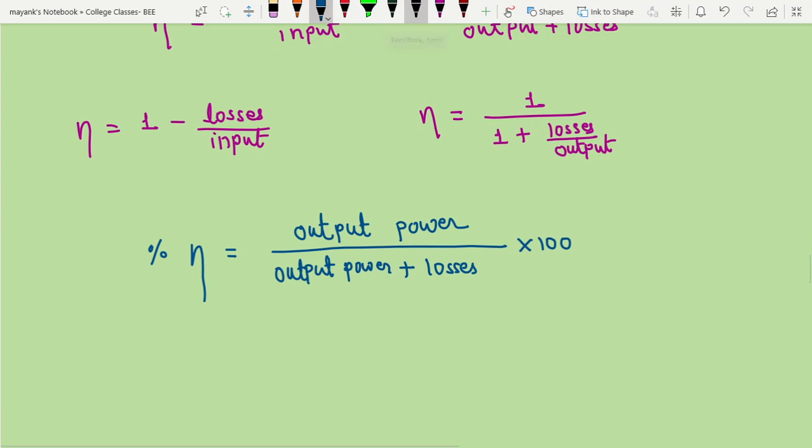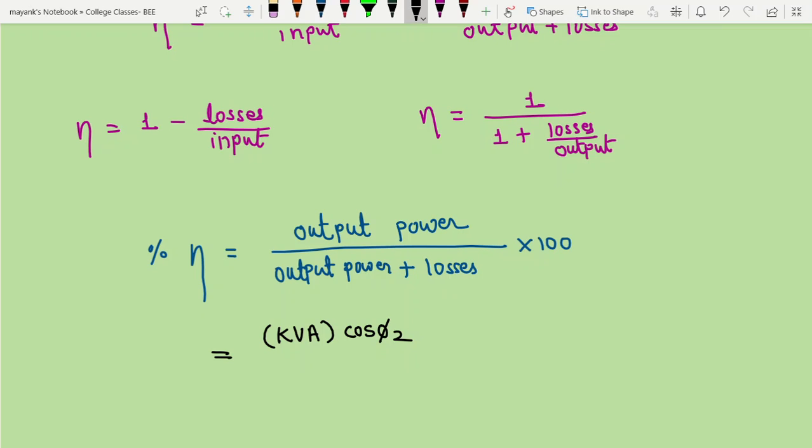Now, what is output power? Output power is kVA into power factor. I am using only the kVA rating of the transformer, into cos phi 2. What is cos phi 2? It is the load power factor.